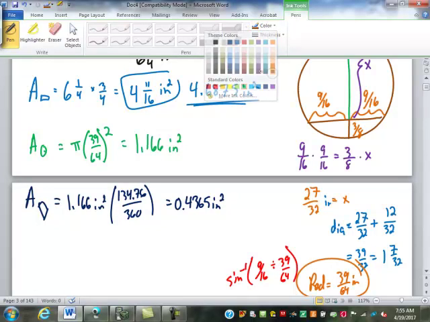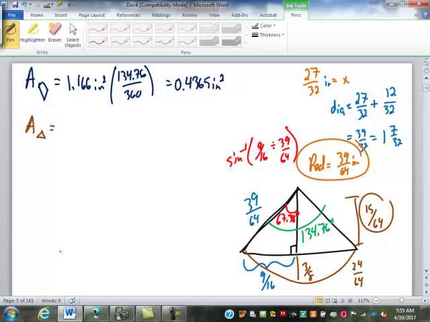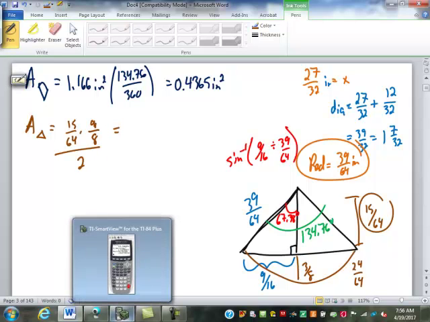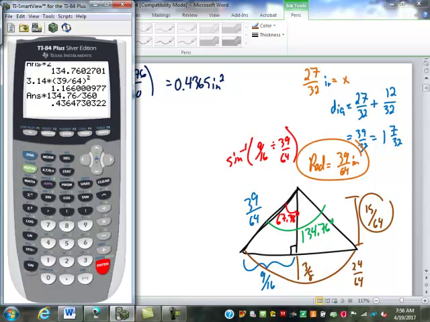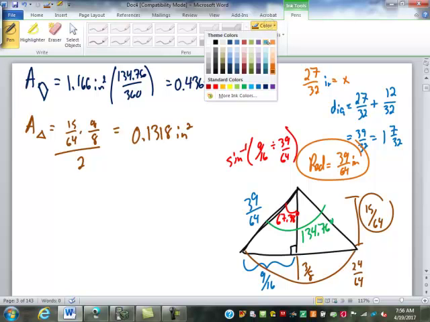Then we got to subtract out the area of the triangle, which will be the 15/64 times the 1 1/8. I'll write down as 9/8 divided by 2. Which gives us 0.1318 inches squared.